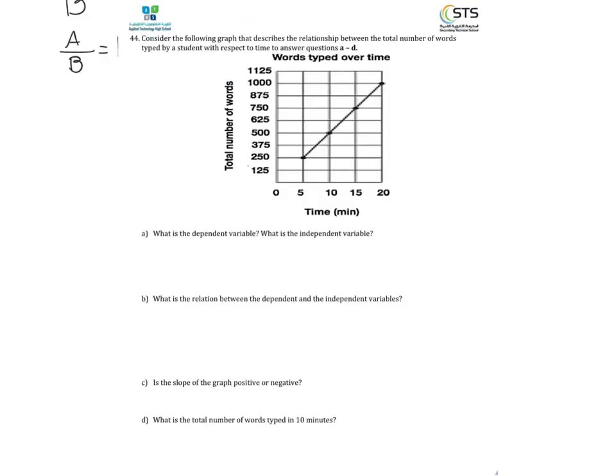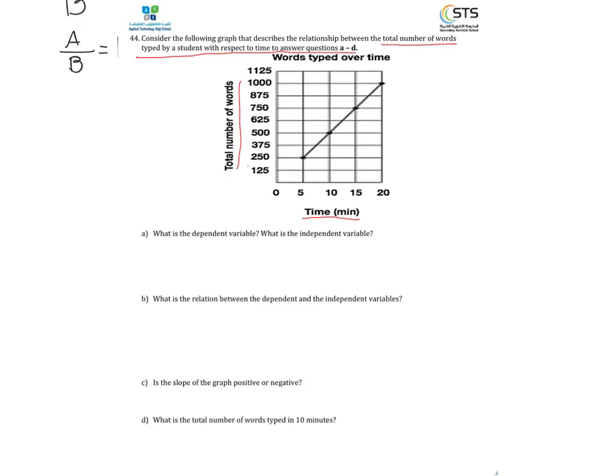Let's solve this example together. Consider the following graph that describes the relationship between total number of words typed by a student with respect to time. Answer questions A to D. Look at this graph. On the x-axis, we have time. On the y-axis, we have total number of words. What is the dependent variable?